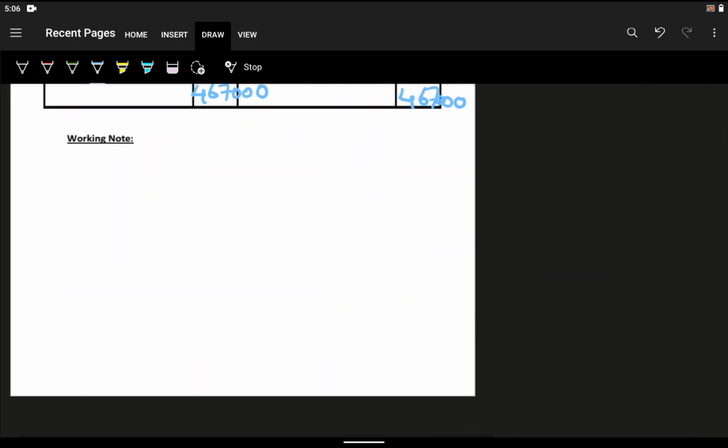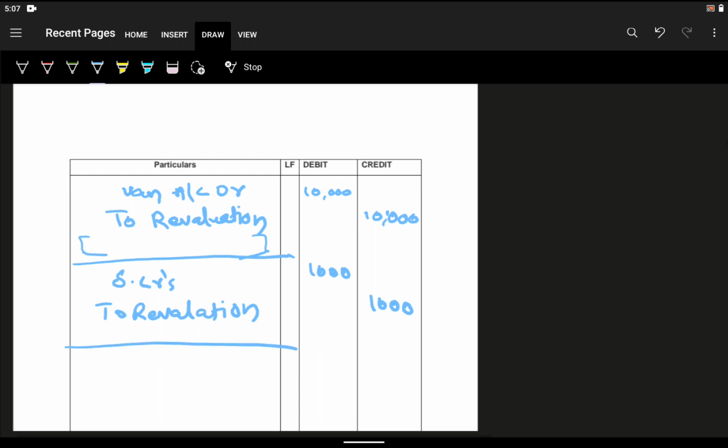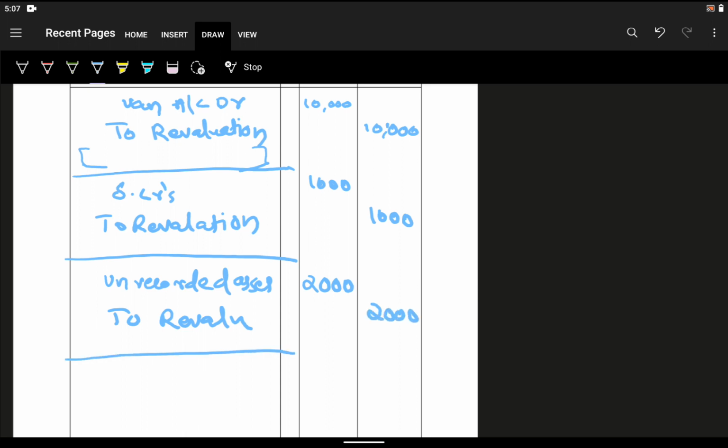So sundry creditors account debited to revaluation 1,000. And the unrecorded asset account debited to revaluation. How much? I think it is 2,000, right? 2,000. This is the journal entry for the credit side.